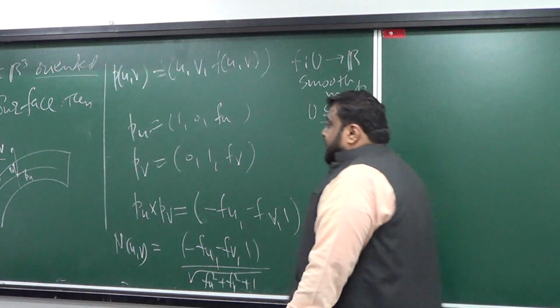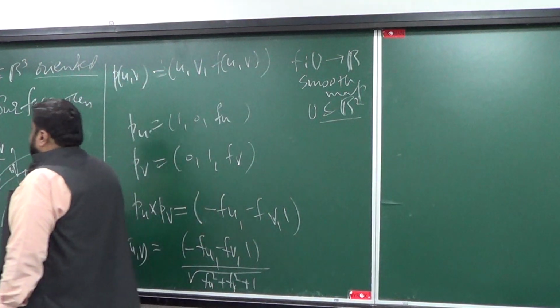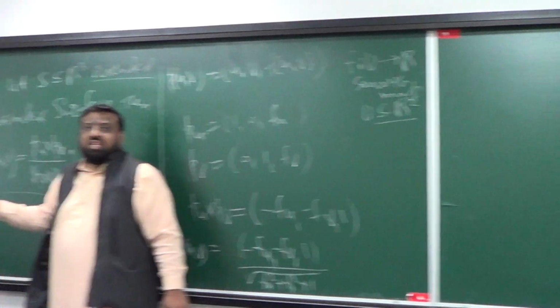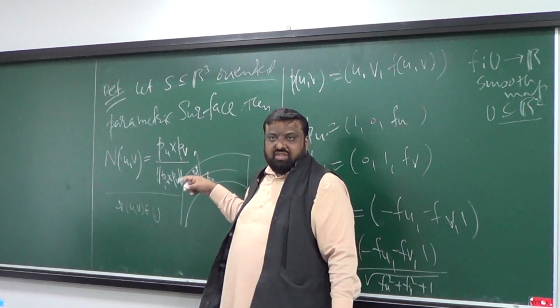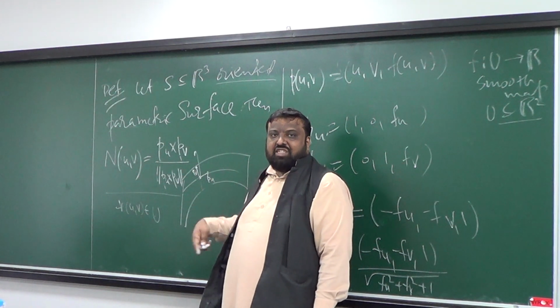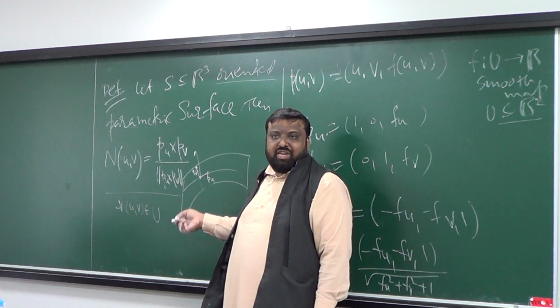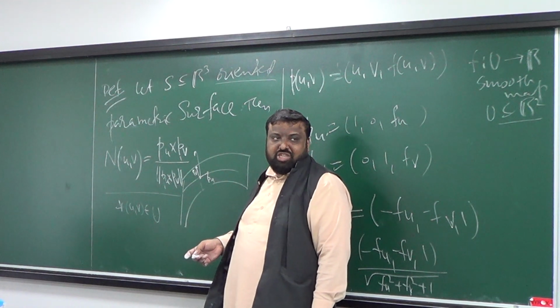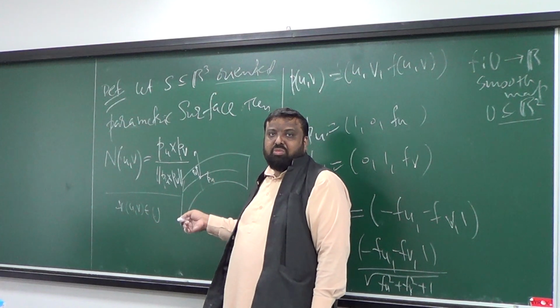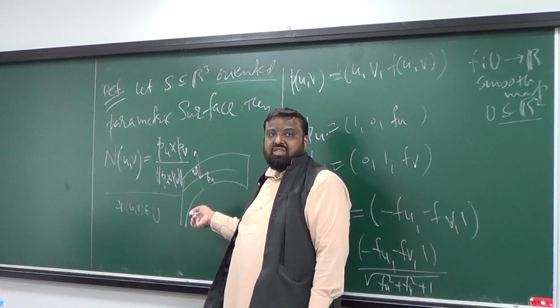It would be an interesting question to ask, because I know that this normal depends on this parameterization. Okay, so I have a surface defined through a parameterization. But what if I change the parameterization? Would my normal vector also change actually? Or what changes would take place in the normal vector when I compute a normal vector through one parameterization?